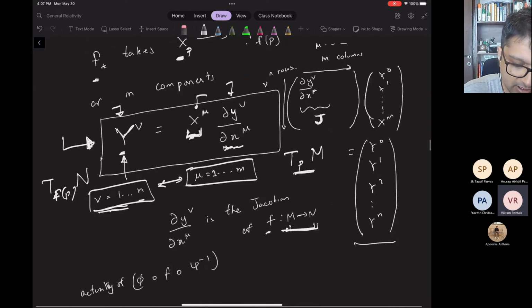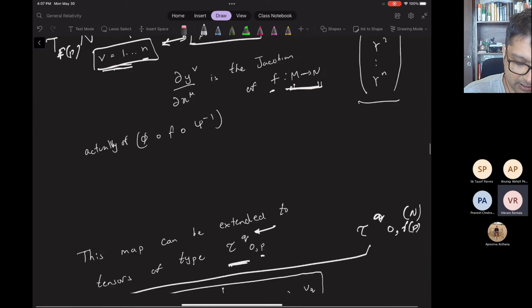So y are the coordinates on N, x mu is the vector at the point P. This is the Jacobian of the transformation. These are the components of the original vector, and this is the vector that you pushed forward from M to N. So this is a vector at some point on N.